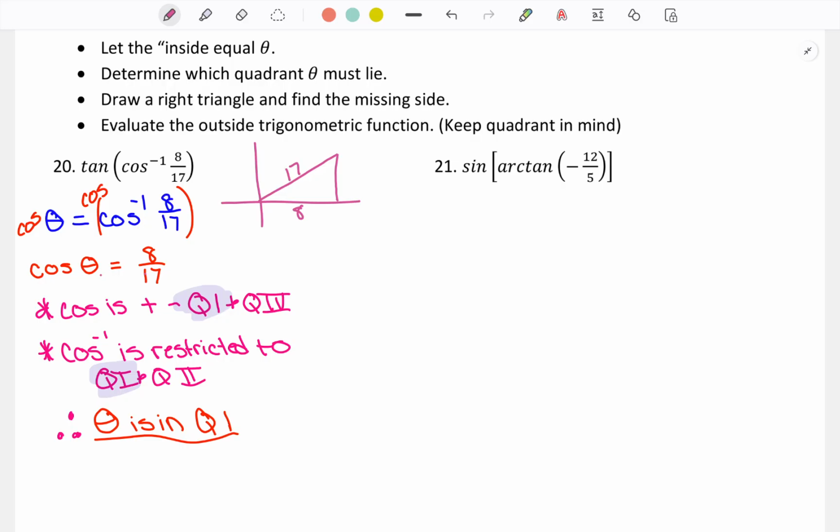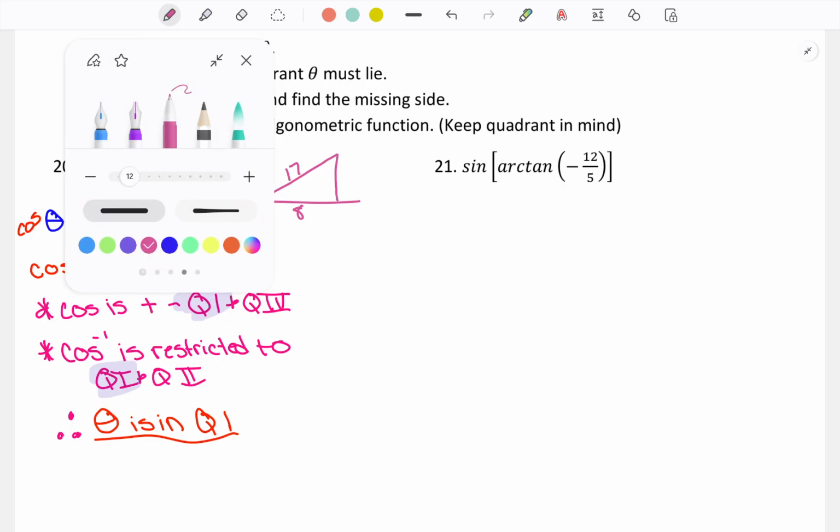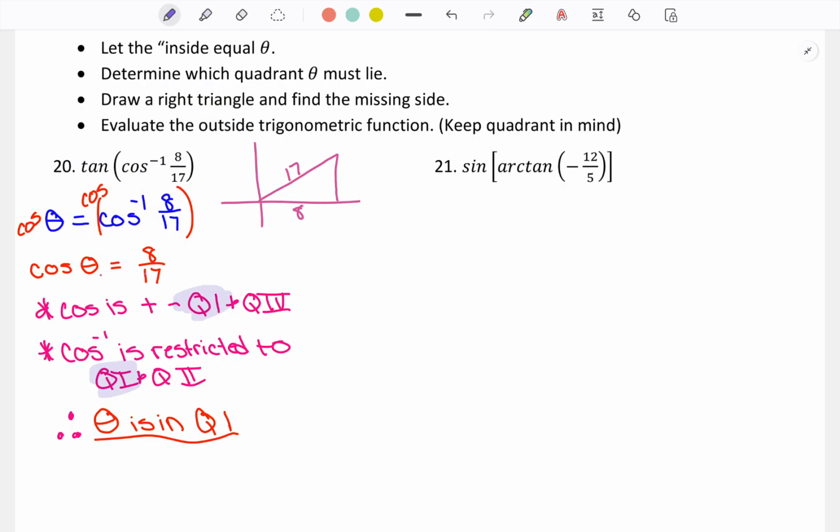And then we have to use the Pythagorean theorem to find that missing side. So this would be our y. We're going to have 17 squared is equal to 8 squared plus y squared. 17 squared is 289. 8 squared is 64. And then we subtract 64, which gives us 225 equals y squared. And so that gives us 15.